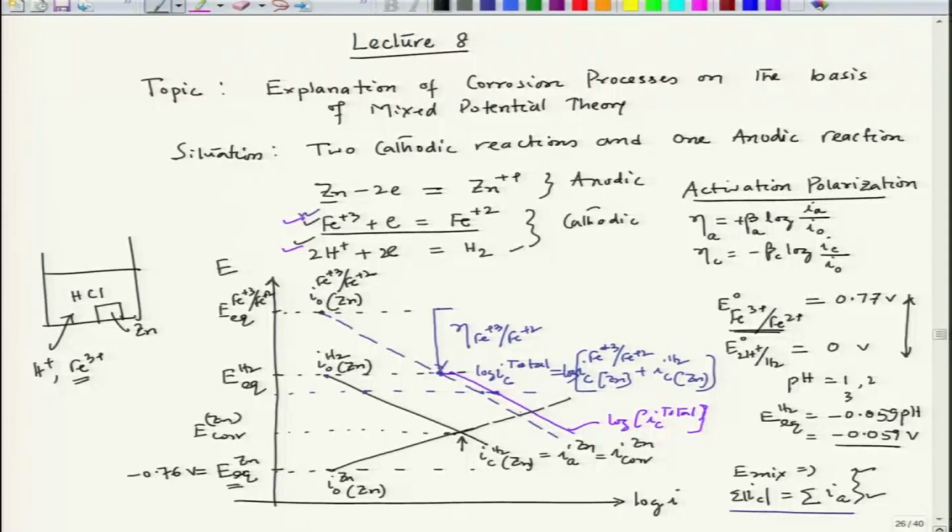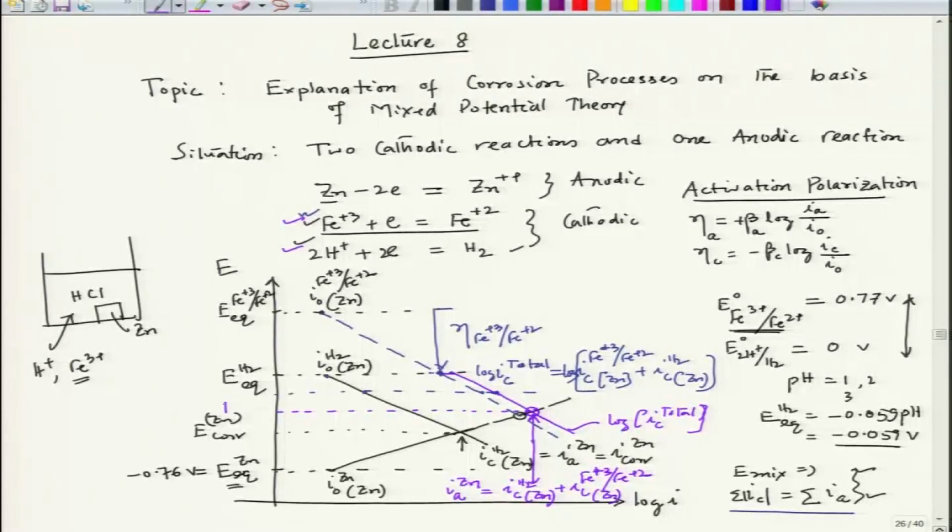Now, if I consider this point as well as this point, we could see that at this point only, I a zinc equals I c hydrogen over zinc plus I c Fe plus 3 Fe plus 2 over zinc, and also it corresponds to a potential.